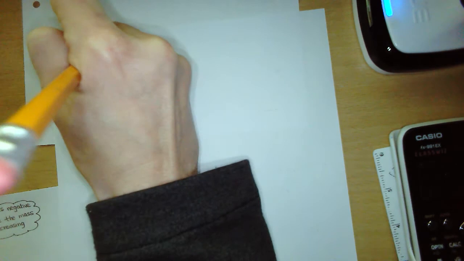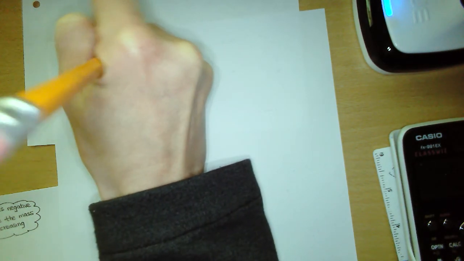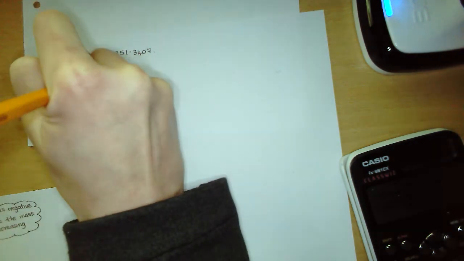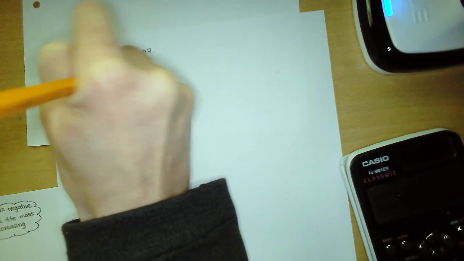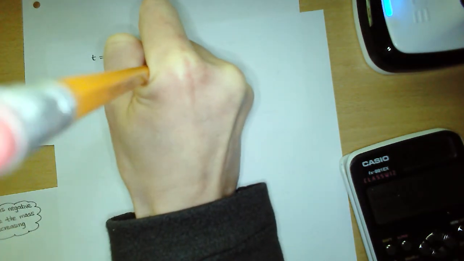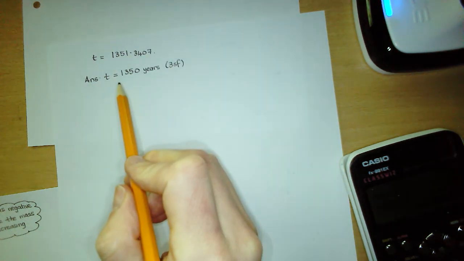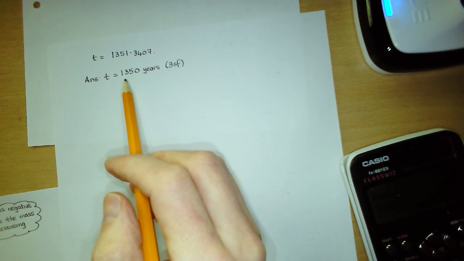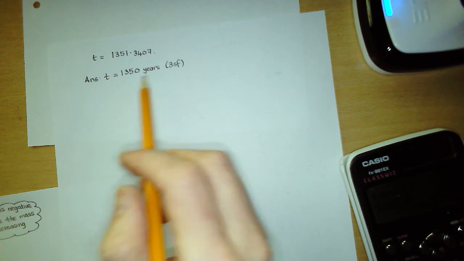So t is therefore equal to 1351.3407, and then we'll give it to 3 significant figures, so the answer is the time is 1350 years, and that's the 3SF. So that is how many years it takes for half of the initial mass of the substance to decay, and therefore we're left with half of it.